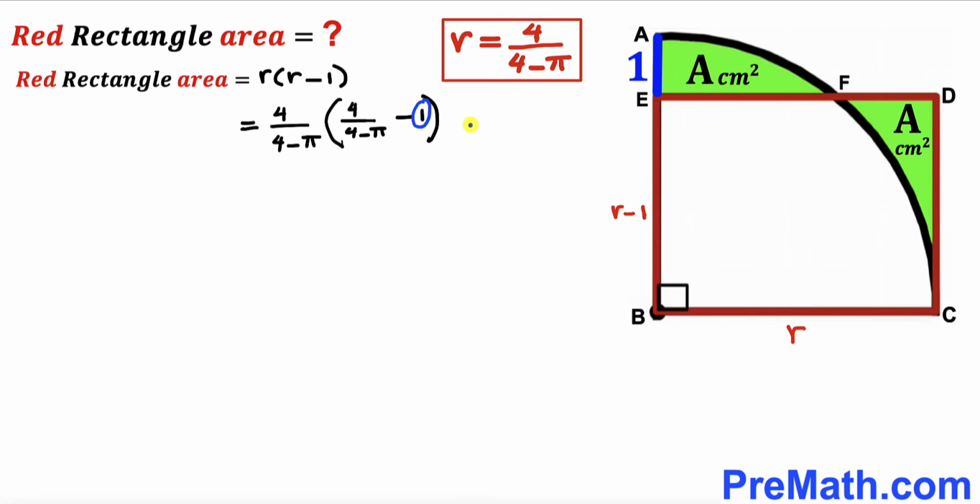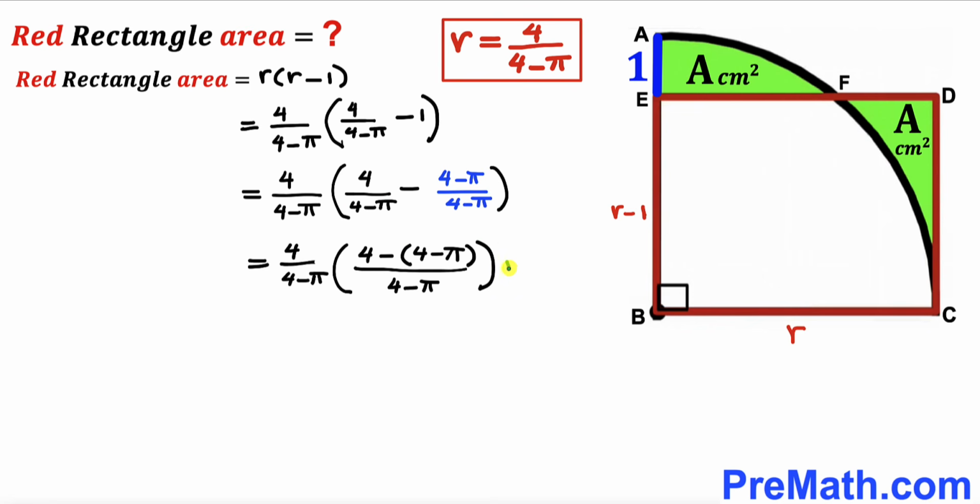1 could be written as 4 minus pi divided by 4 minus pi, as you can see in this next step, such that our least common denominator is going to be equal to 4 minus pi. And now let's focus on this numerator part. I have copied down this numerator part right over here.